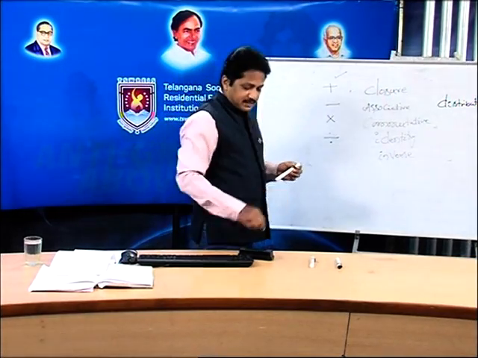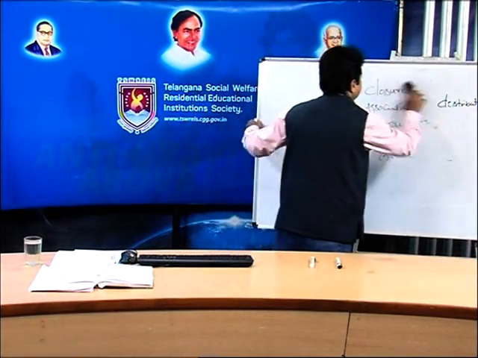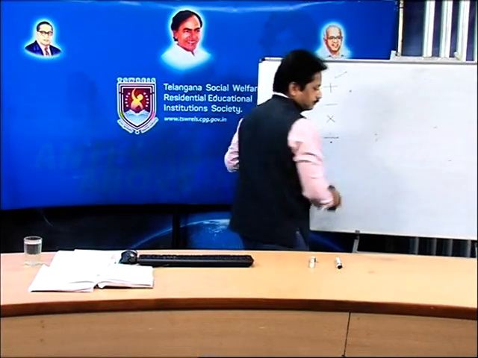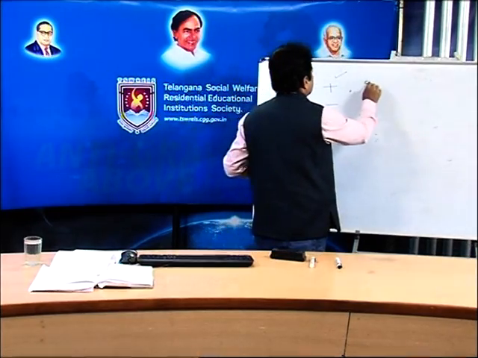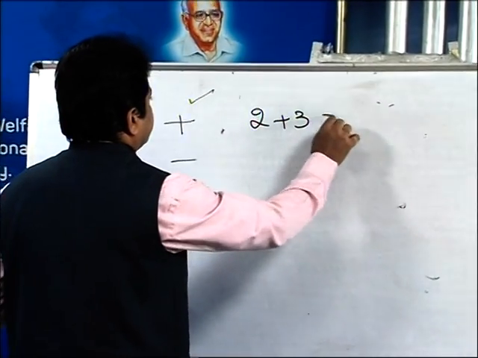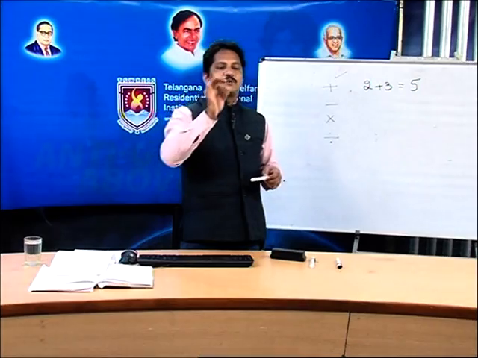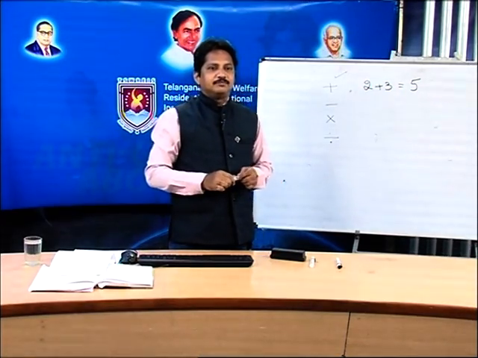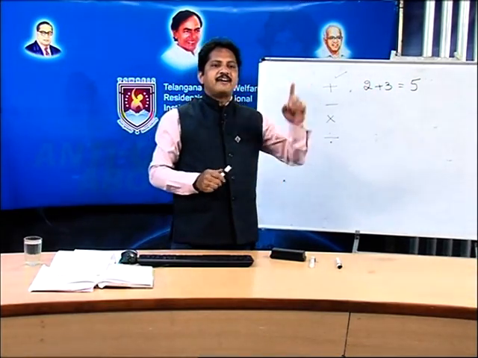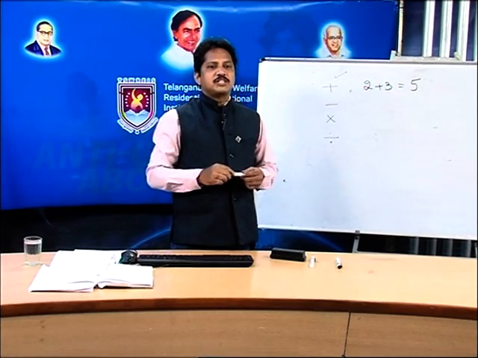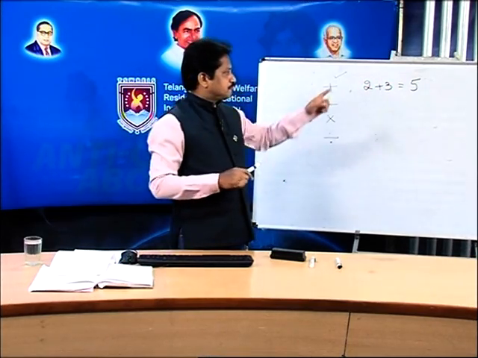For example, if I give 2 plus 3 is equal to 5. Here 2, 3, 5 are natural numbers, correct? What is plus here?